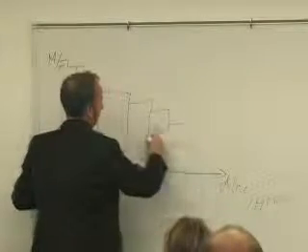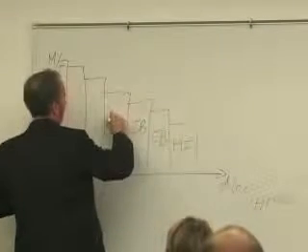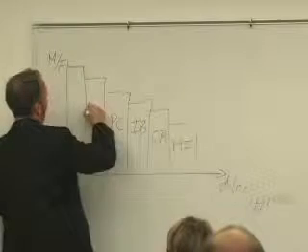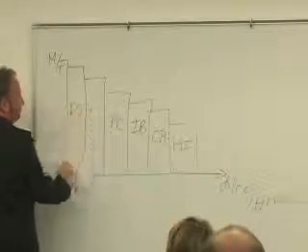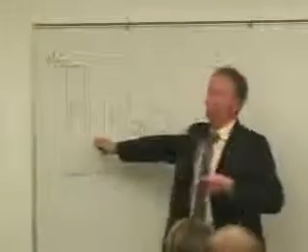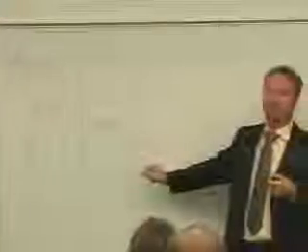Hedge funds, commercial banks, investment banks, private capital, insurance, and then dead savings, I suppose you call it. These guys don't suffer from any type of liquidity risk. These guys suffer from massive liquidity risk.